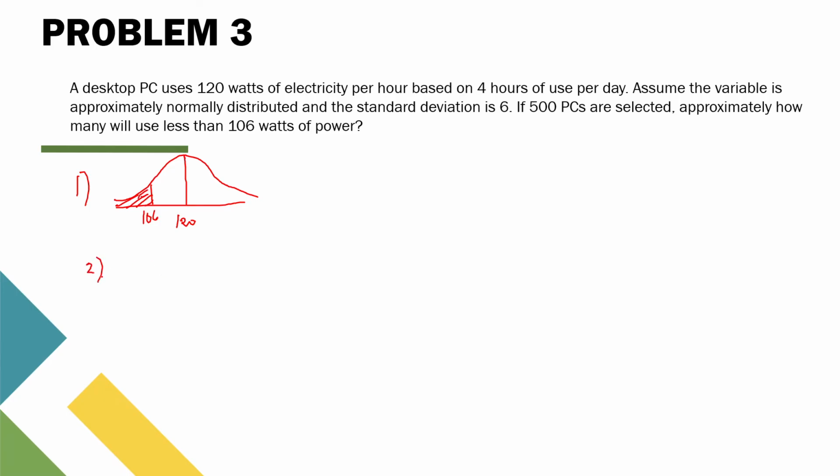The second step is you need to convert this x value, which is 106, with the mu of 120 and the standard deviation of 6. So convert this to z, which is 106 minus 120 over 6.